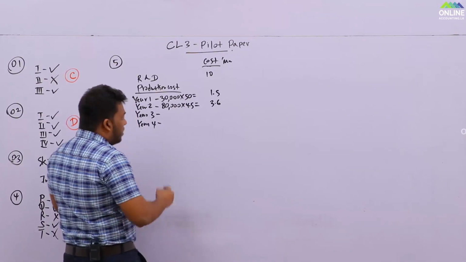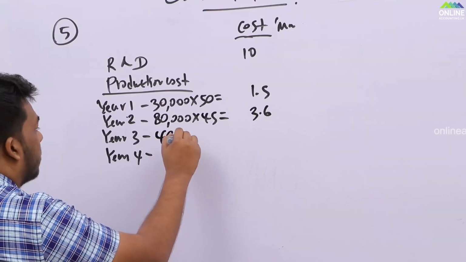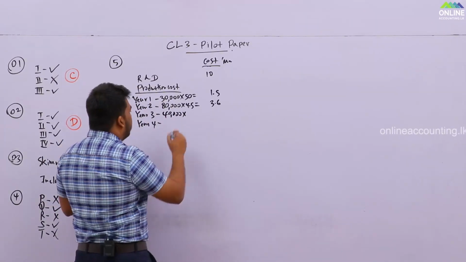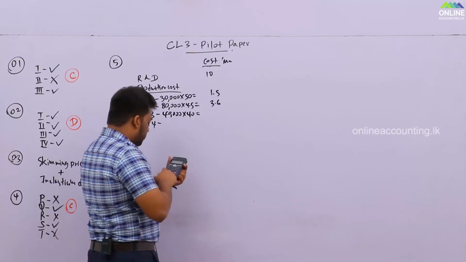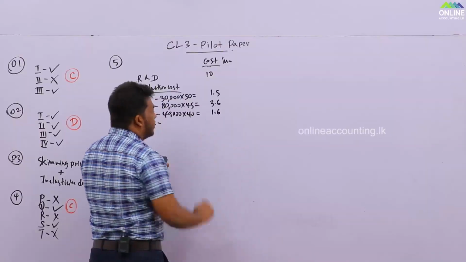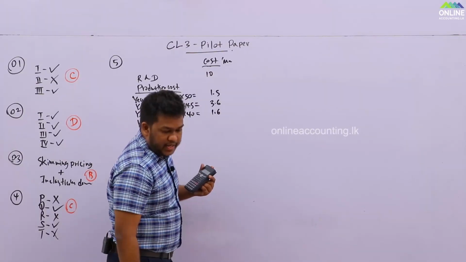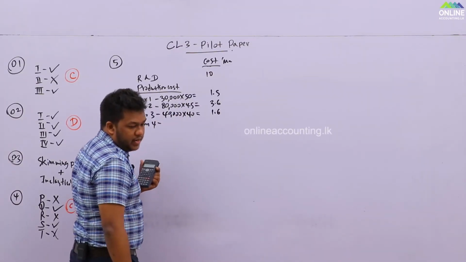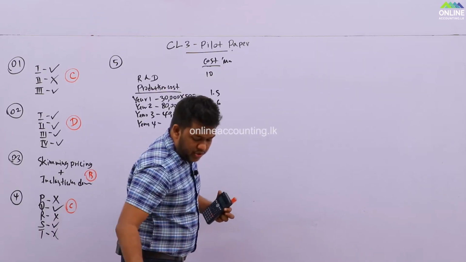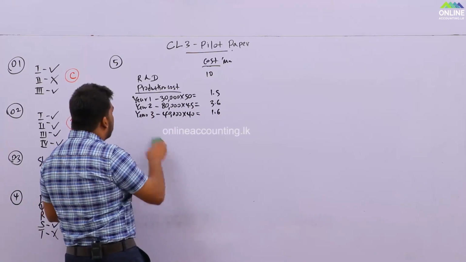Then year 3, 40,000 units at 40 each. So 40,000 times 40, that is 1.6 million. And in the last year, year 4, you don't have a production cost, right?